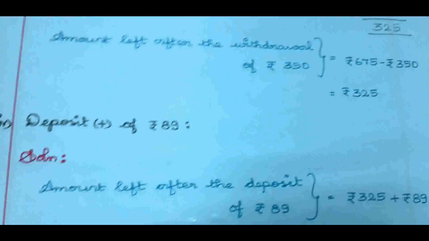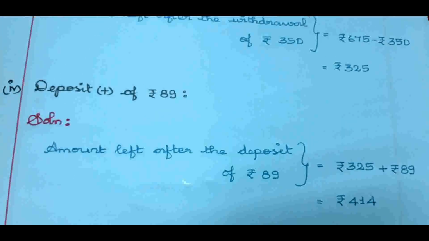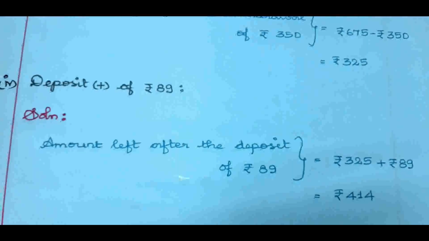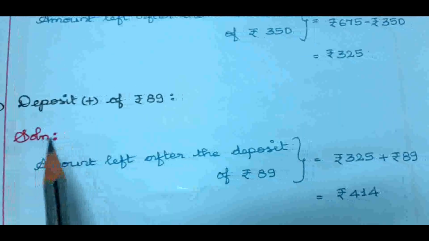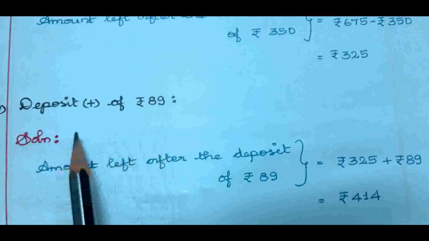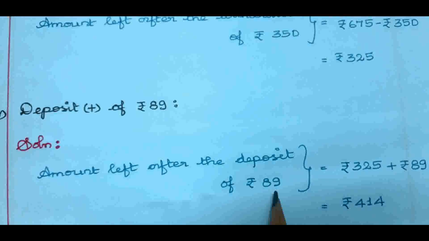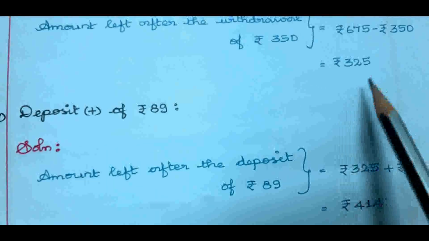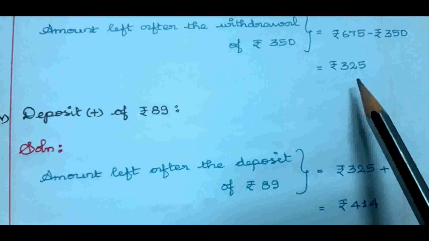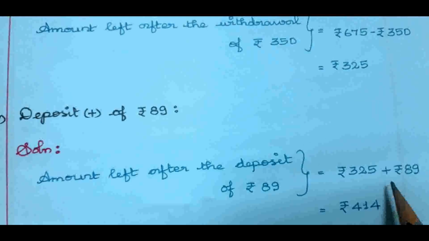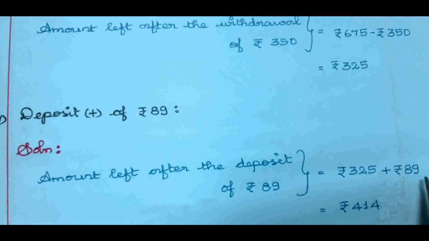Clear? The last transaction is, now he is going to deposit again 89 rupees in his account. So the amount left after the deposit of rupees 89 is equal to the previous balance, rupees 325. Now he is going to deposit, so it is plus 89.